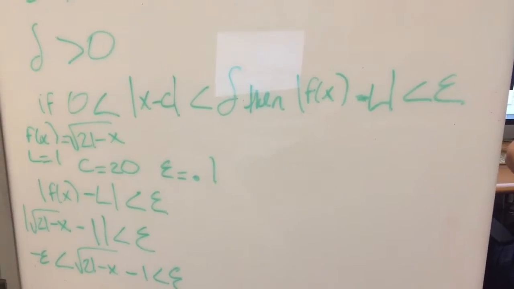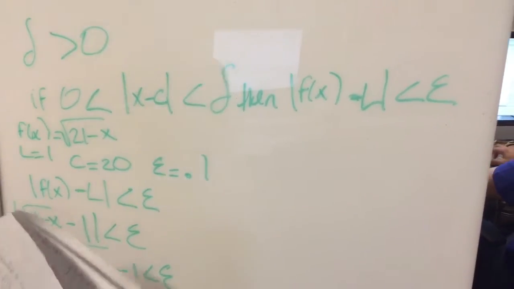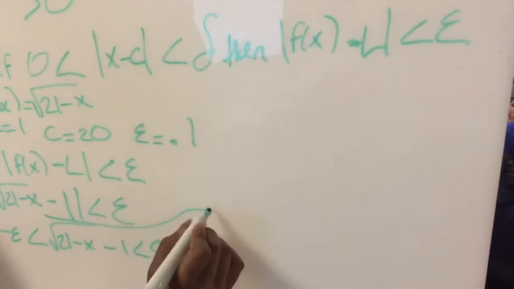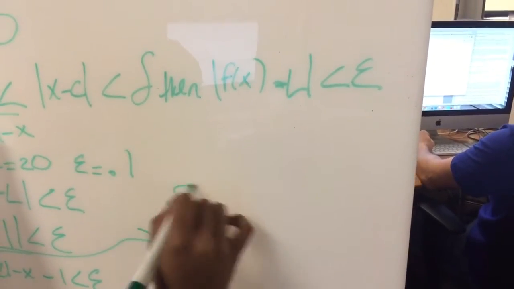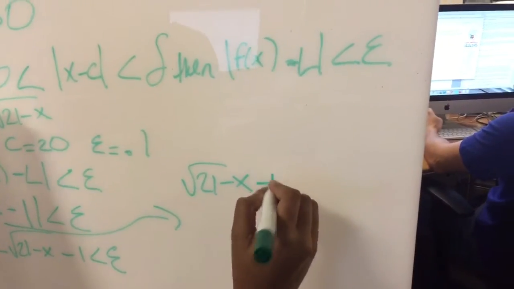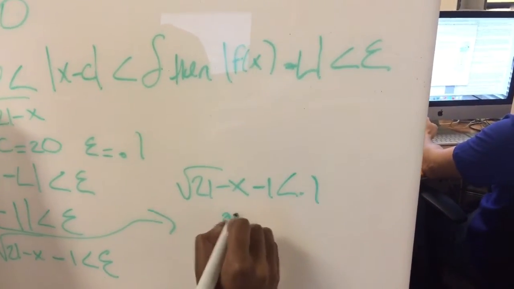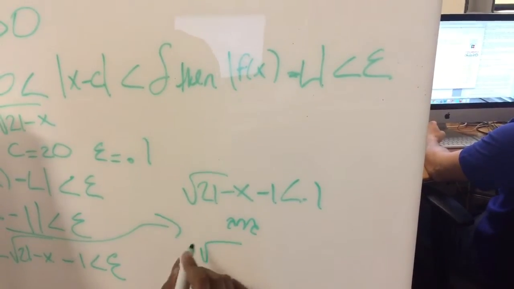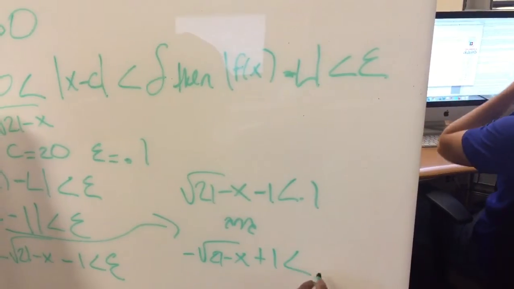I can break it down as the square root of 21 minus x minus 1 is less than 0.1, and the square root of 21 minus x minus 1 is greater than negative 0.1.